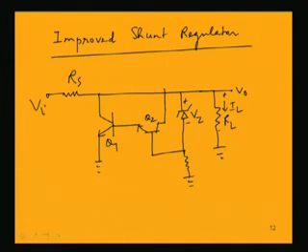Now the currents flowing in the transistors, let us name as IB2 for this second transistor, and the collector current for the second transistor is IC2. In this direction it will be, it's an NPN transistor.